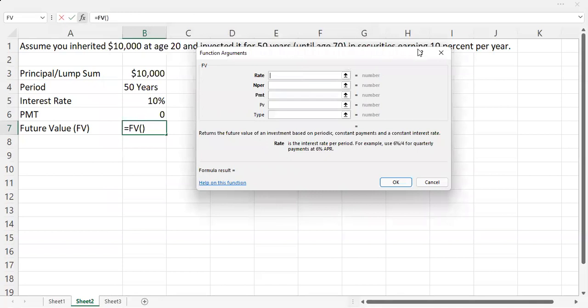Rate is, again, the definition will be down here, the interest rate per period. For example, use 6% over 4 for quarterly payments at 6% APR. In this case, we know the rate, so we are selecting the field for the rate, which is the item to your left.